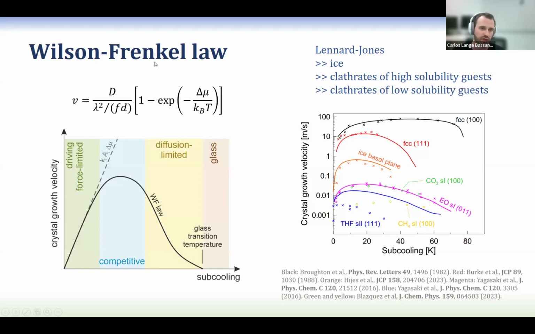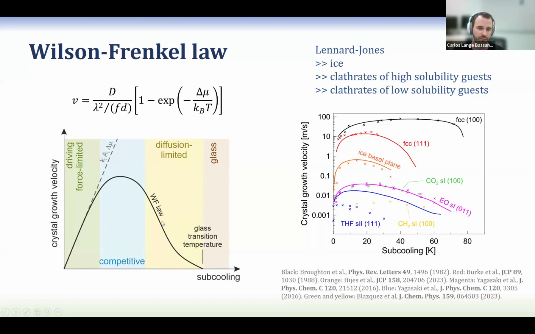Why is this Wilson-Frenkel law good? Well, it captures this curve trend here, and it's very simple to understand. We have a zone that is driving-force limited, so this term here is limiting growth, and then the higher the subcooling, the faster the growth.